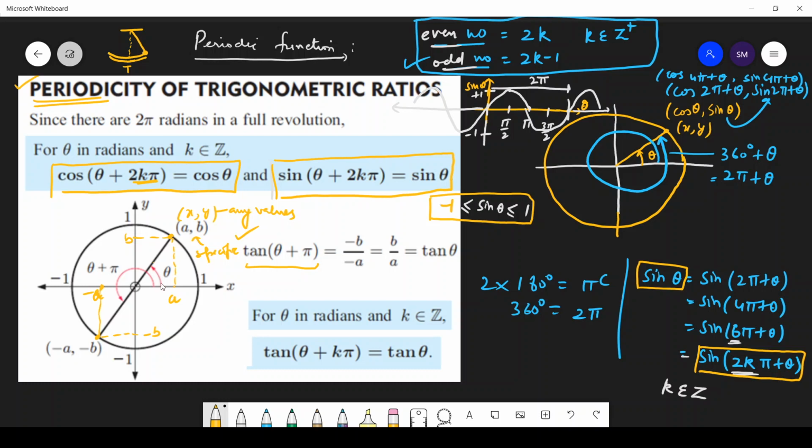If you find tan theta, what's tan theta equal to? Sin theta by cos theta.